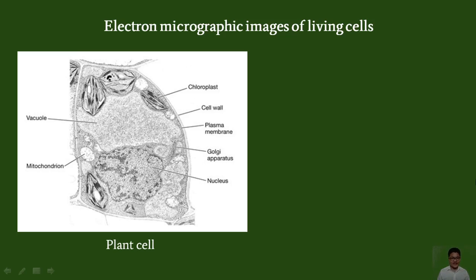So the plant cell has chloroplast, a big vacuole, Golgi apparatus, and mitochondrion, and the nucleus is not at the center, but away from the center, near the corner of the cell membrane or cell wall. Cell membrane is present, and cell wall is a very distinctive feature of plant cell.